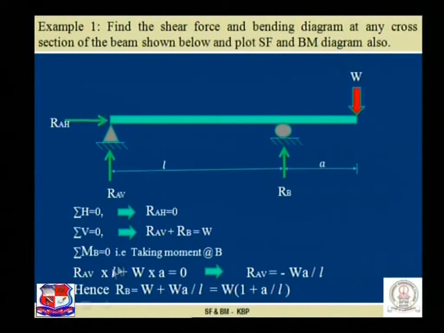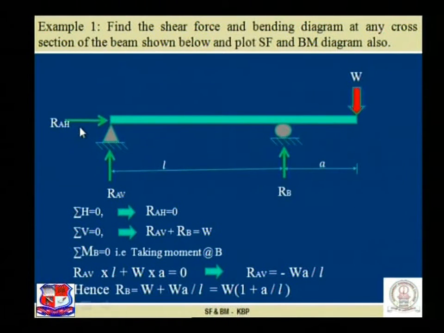So now let us use another equilibrium condition. Sigma MA is equal to 0 or sigma MB is equal to 0. Right now let us take sigma MB is equal to 0. Summation of all the moments of forces at B is equated with 0. Now the first force, that is RAV.